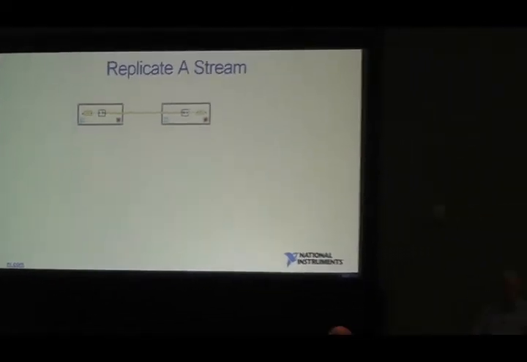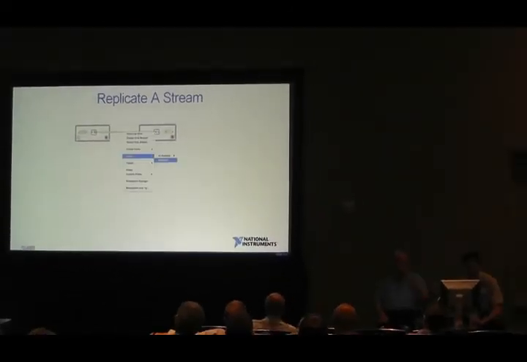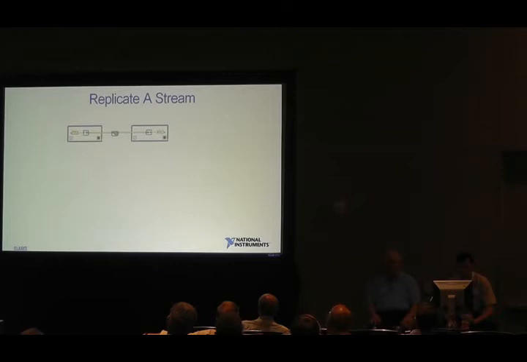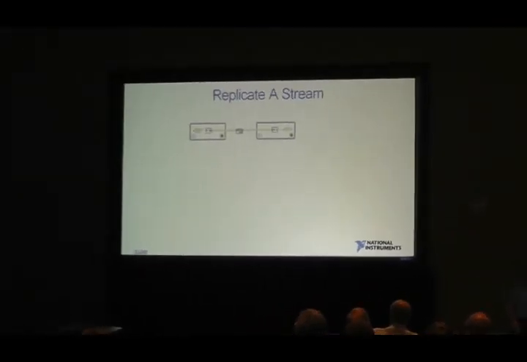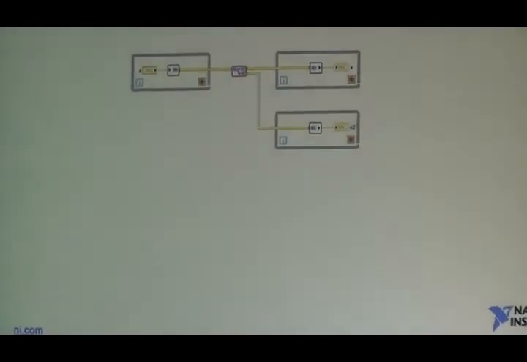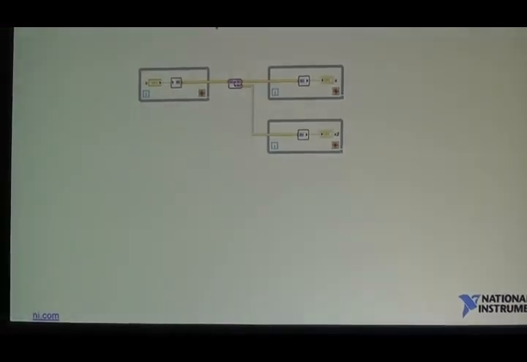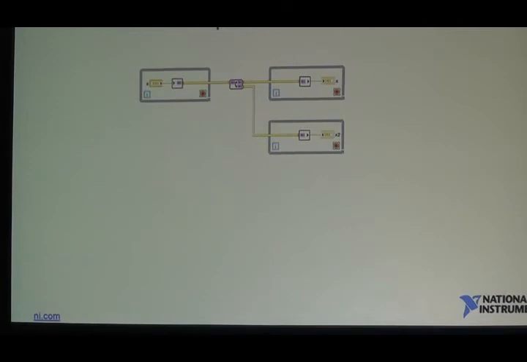And so we have a node that we can drop down and insert in the channel and say replicate. What this does is it inserts a sub-VI call, which is just a loop reading from the input channel and writing to 2 separate output streams. And so now you can replicate the data and send it to multiple locations.